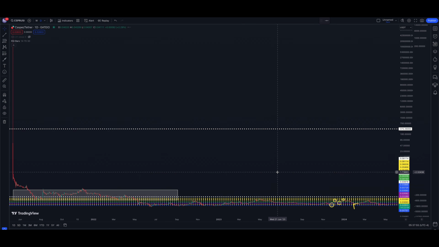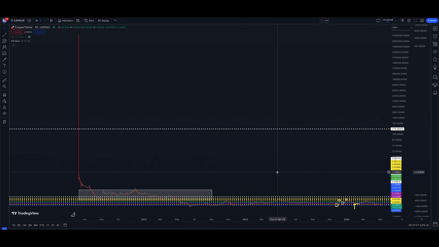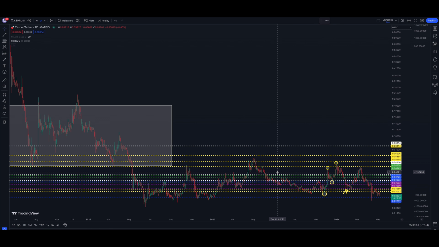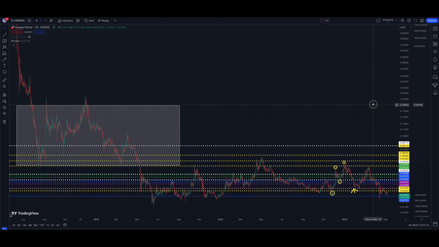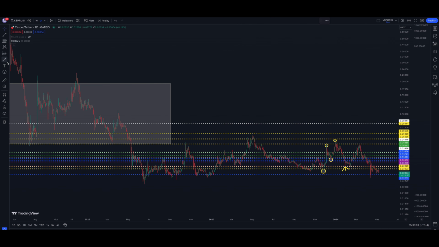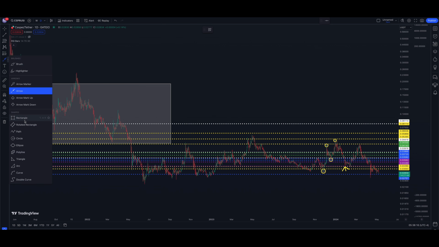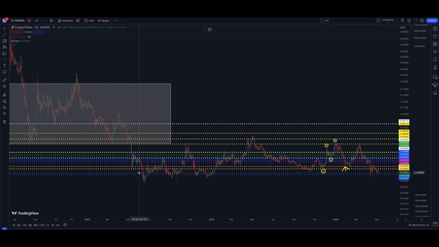Let's zoom out here. Keep on going. Let's try to get rid of that big candle wick there. Every time Casper Cryptocurrency has gotten down to this level, not saying it doesn't go lower, but when it goes to this area, it finds support. We have areas here.